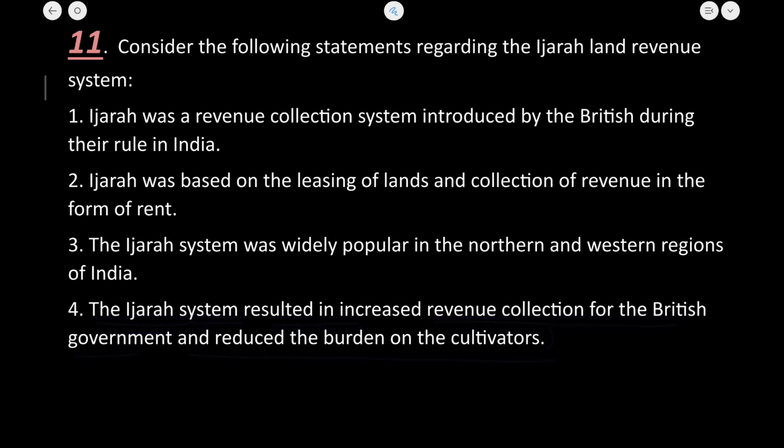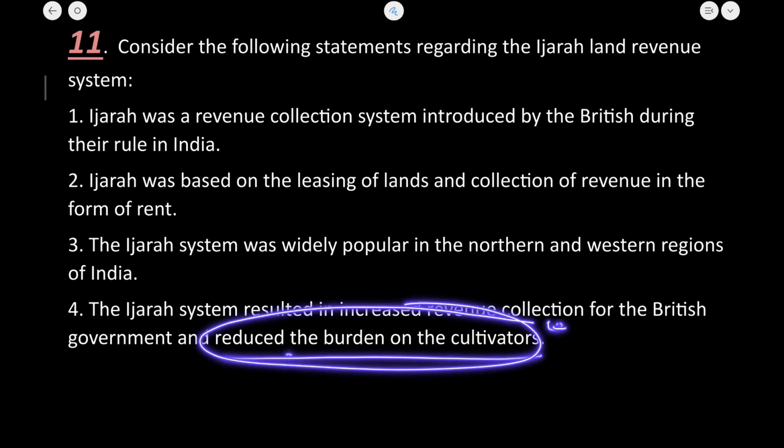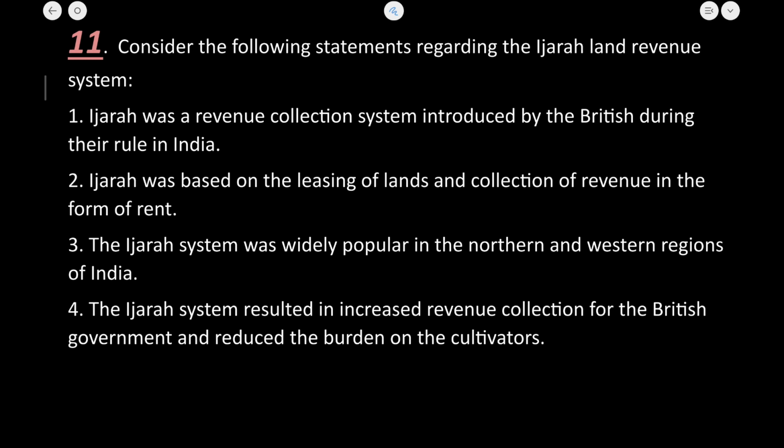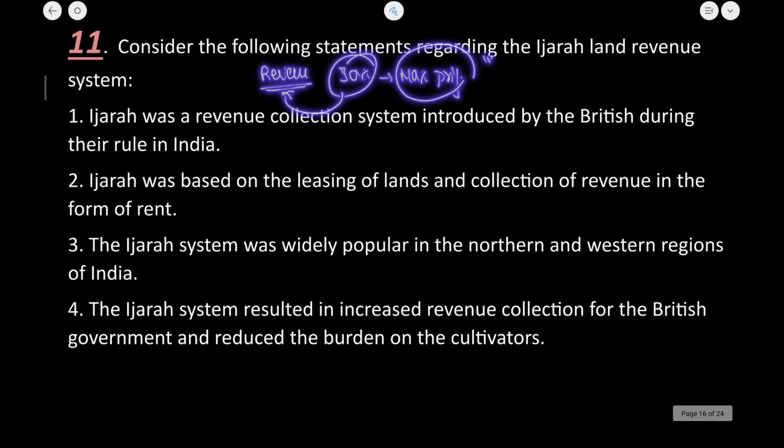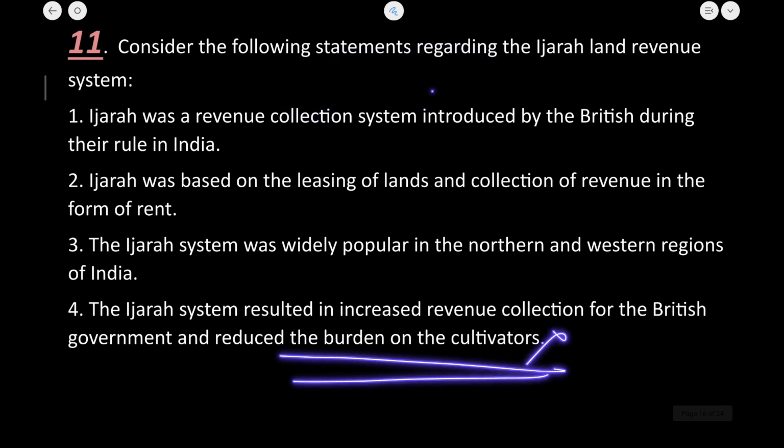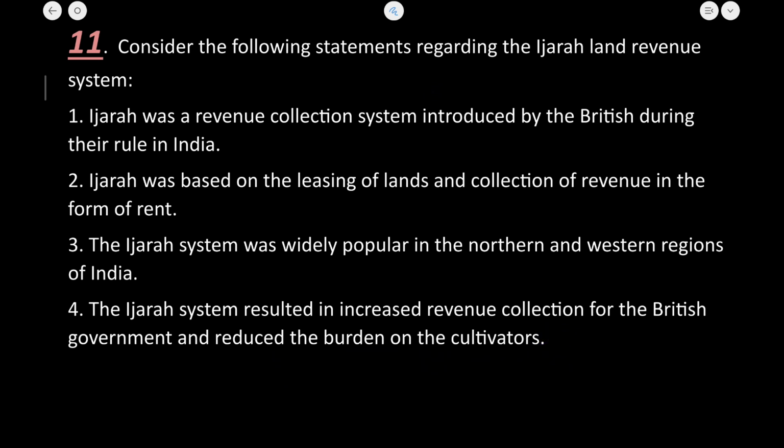अभी मुझे ये बताओ, मिडेवल टू मॉडर्न टाइम्स में इतने टैक्सेस हमने देखे हैं, एक भी टैक्स का मुझे नाम बताओ जिसने कि बर्डन कल्टिवेटर से कम किया हो। कोई भी नहीं है, ठीक है, क्योंकि the purpose of imposing tax on revenue was to maximize the profits, maximize the revenue of the empire. उनका कोई लेना देना नहीं था कल्टिवेटर से, ठीक है। It was in fact a method to exploit.